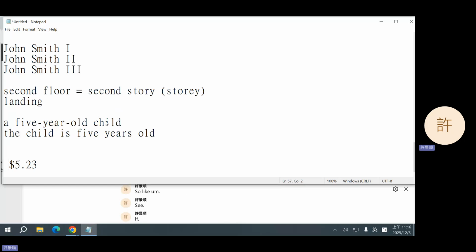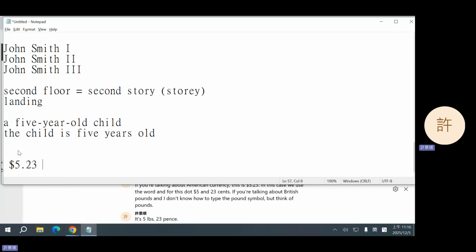if you're talking about American currency, this is $5.23. In this case, we use the word and for this dot, $5 and 23 cents. If you're talking about British pounds, and I don't know how to type the pound symbol, but think of pounds. It's £5 23 pence.